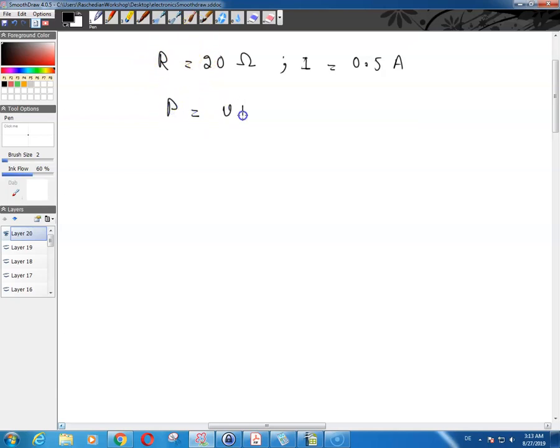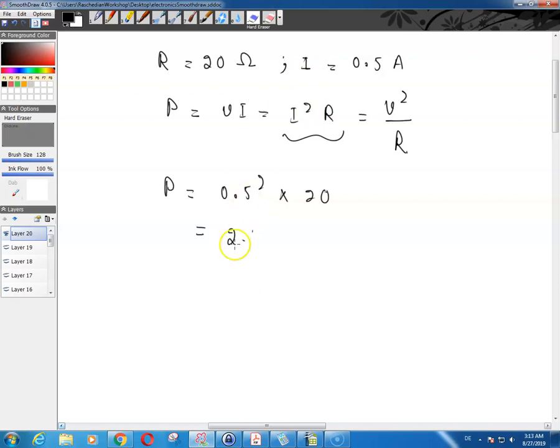As we said, P is equal to VI, and also I squared times R, and also V squared over R. So now you can use this part to calculate the power: P is equal to I squared times R, which is equal to 0.5 squared times 20, which is 0.25 times 20, which is equal to 5 watts.